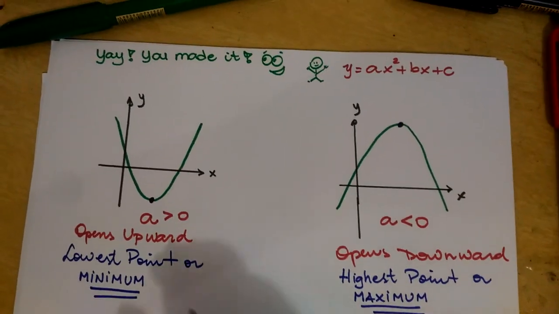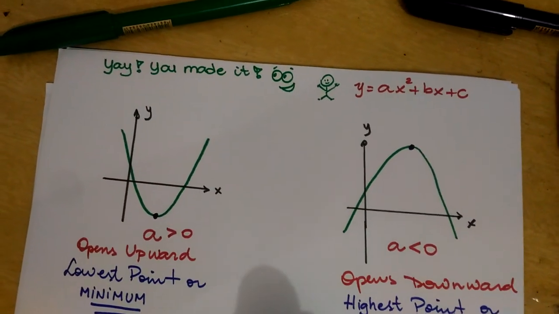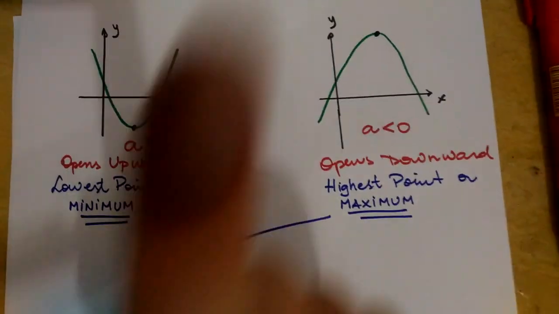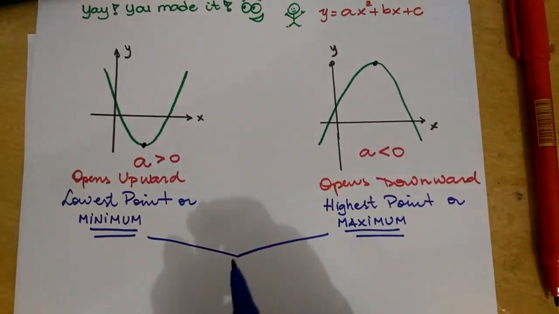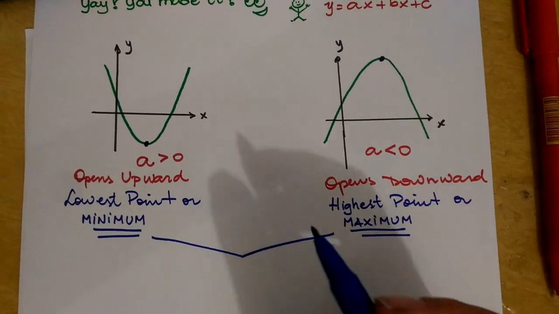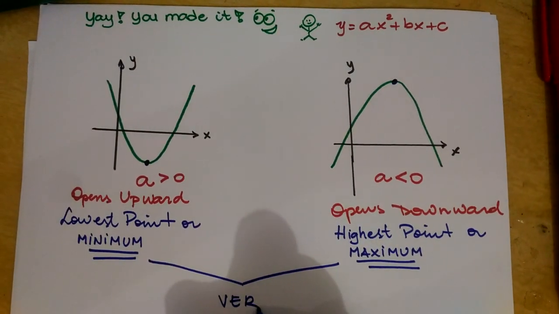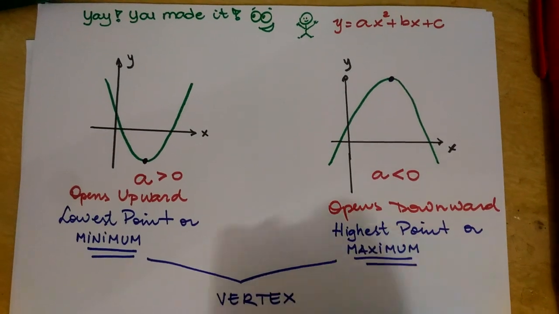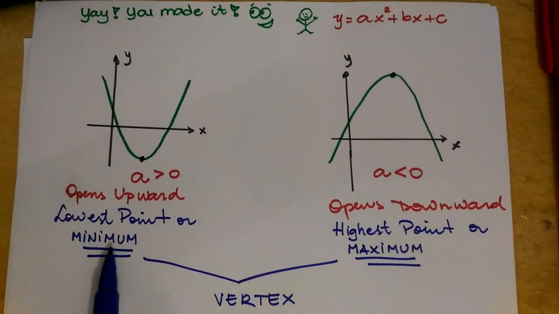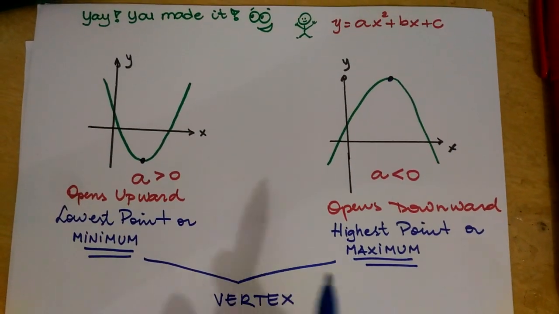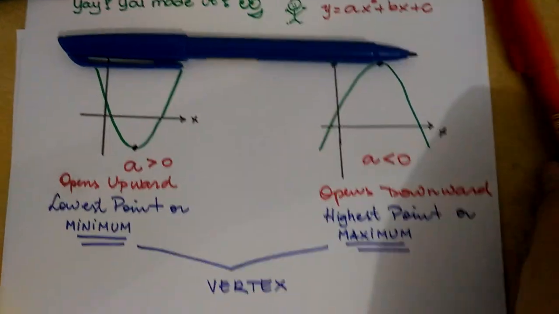We call both of them, the minimum and the maximum, the vertex, because they are one specific point. So both the minimum and the maximum are going to be called vertex.